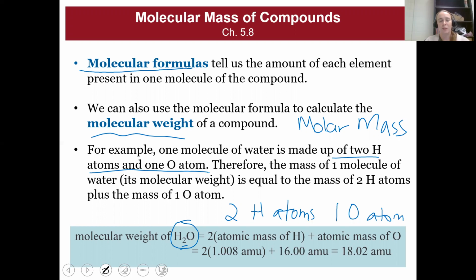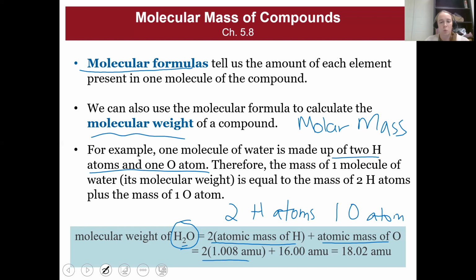So the molecular weight of water is equal to the mass of 2 hydrogen atoms plus the mass of 1 oxygen atom. So it's additive. We take the masses of those atoms and combine them when we combine the atoms themselves into the molecule. So the molecular weight of water is equal to 2 times the atomic mass of hydrogen plus the atomic mass of oxygen, because there's only 1.